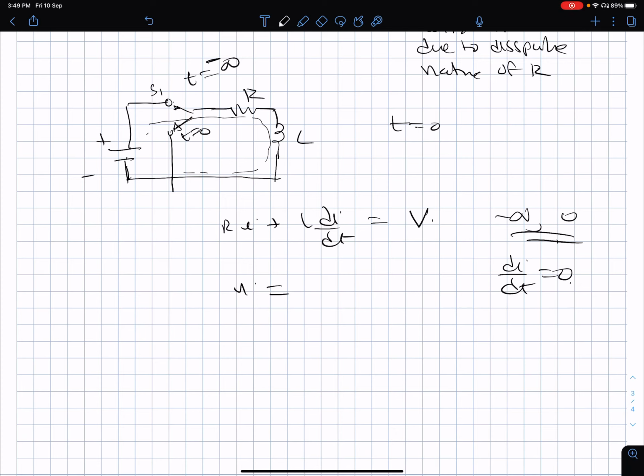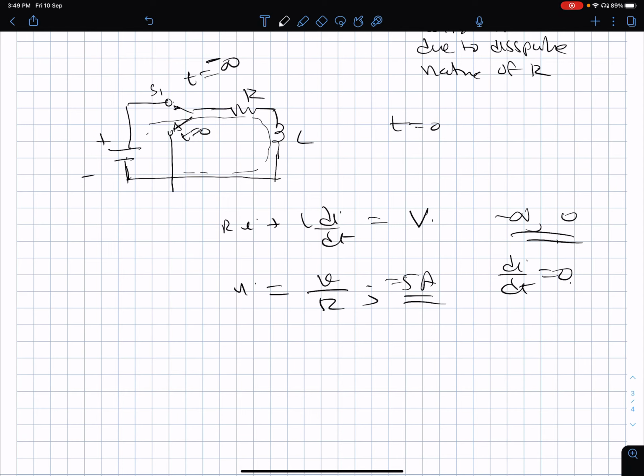So the voltage across the inductor will be 0, and so I will be equal to V by R. So the inductance will not create any opposition in steady state to the passage of DC current. Only the resistance will create an opposition and you will get I equal to V by R. Let's say this is some 5 amperes or whatever, some value is there.